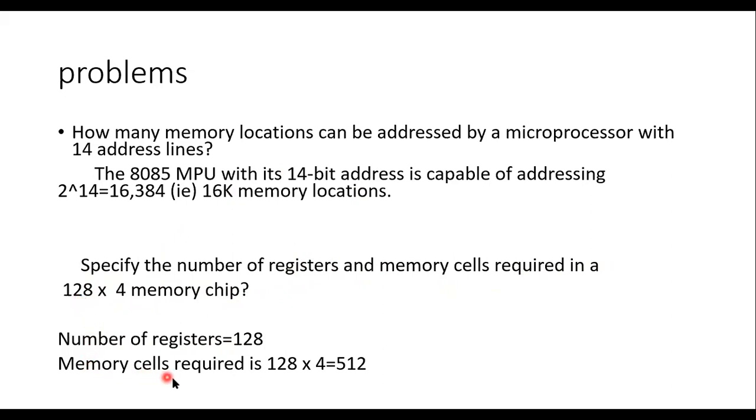So the memory cell required is 4-bit. Therefore, the memory cells required is 128 into 4 equals 512. Similarly, suppose that for 8-bit, then 128 into 8. Okay. So this is the number of registers and memory cells required for a memory chip.